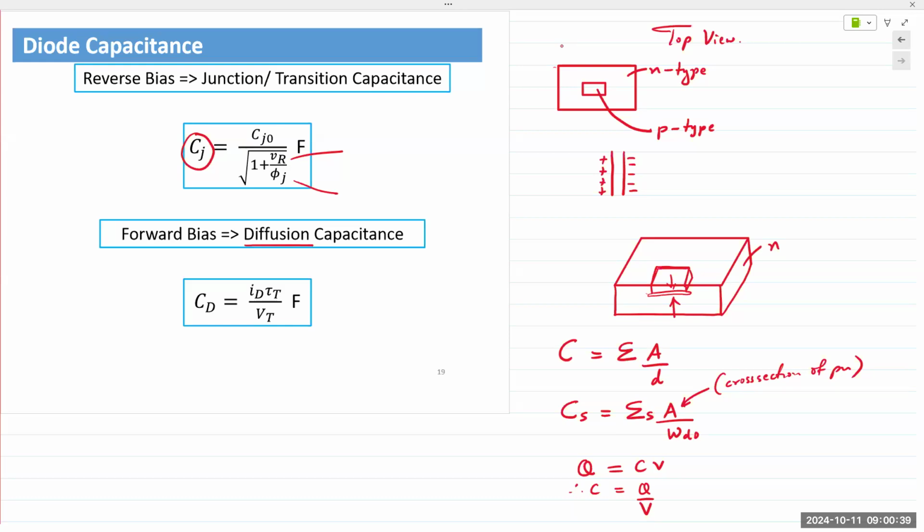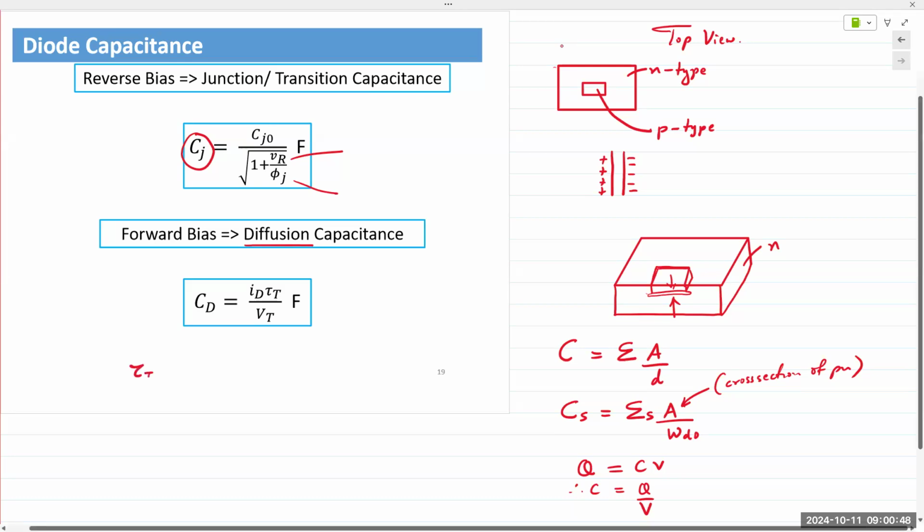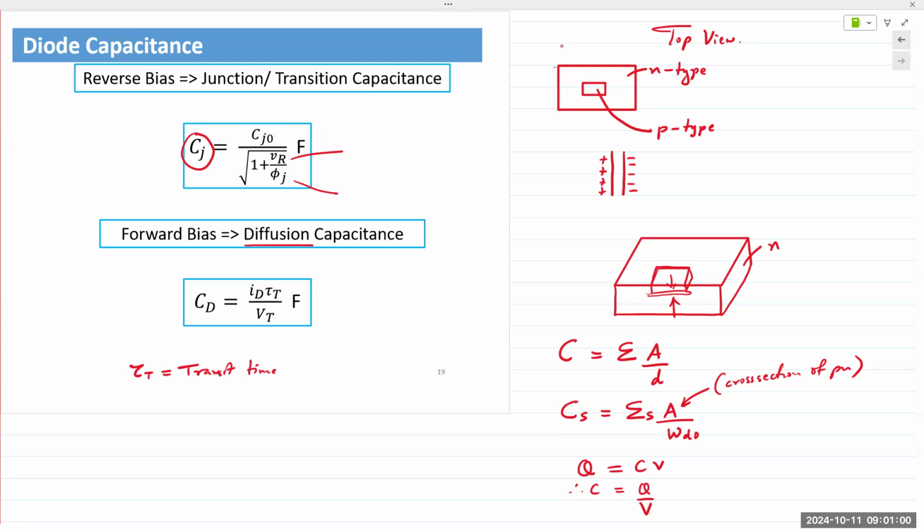In forward bias, the equation can be described as the forward current I_D times tau_T, and that is the transit time. And transit time is basically the minority carrier transit time. Minority carrier means either electron or hole. If there's an empty spot, remember, electron moves out, creates an empty spot.